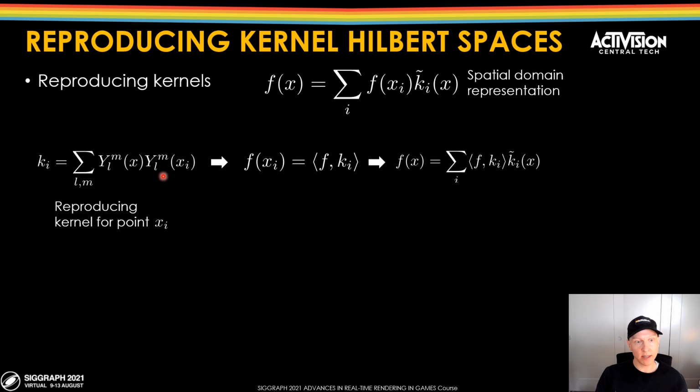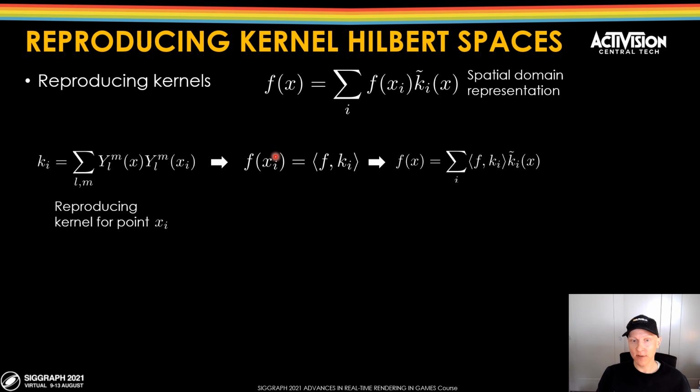If you define this as a sum of products of the spherical harmonic basis functions and write the inner product out, it has a property called the reproducing property, which means that if you take the inner product between your target function f and the reproducing kernel ki for the point xi, it gives you the target function value at the point xi.